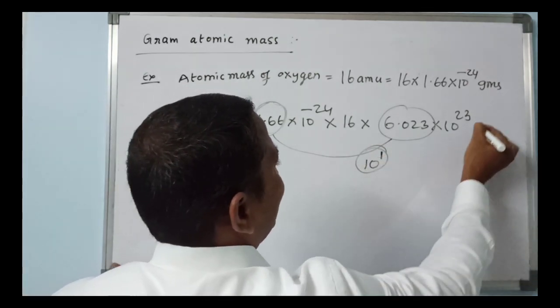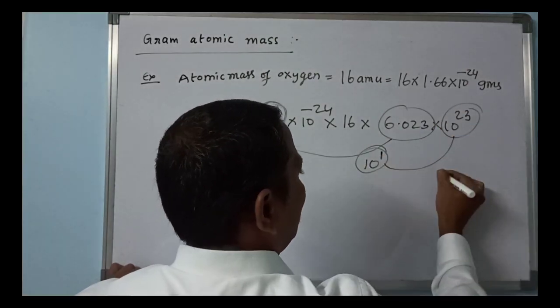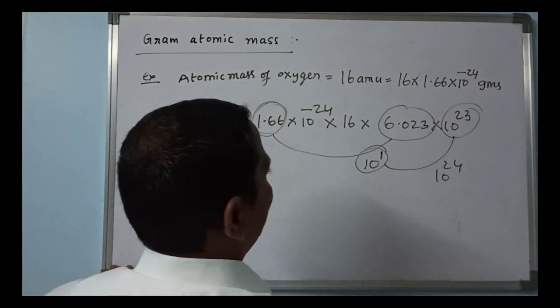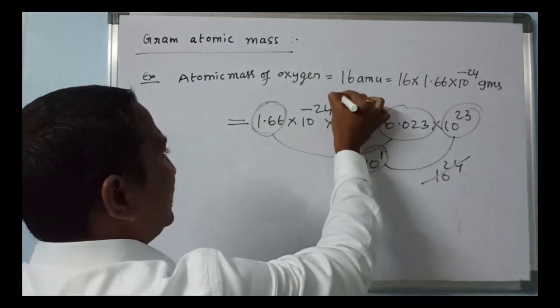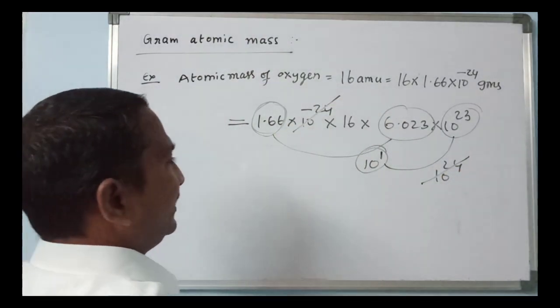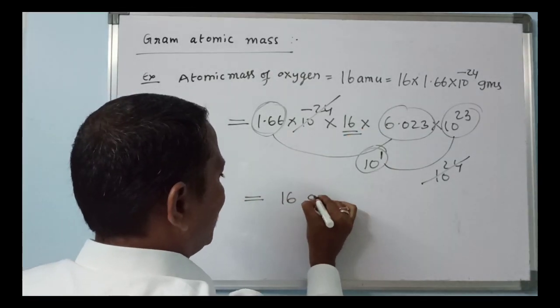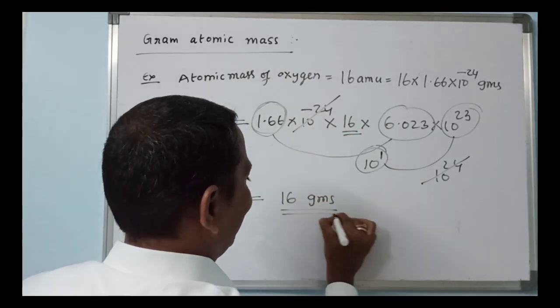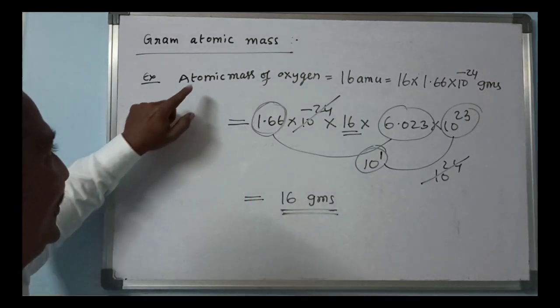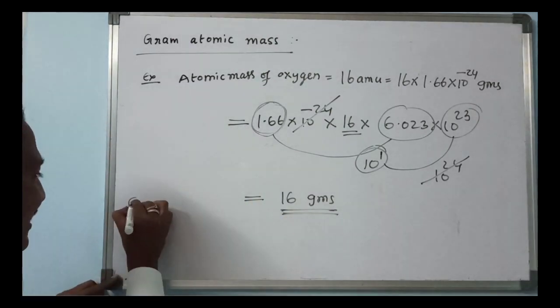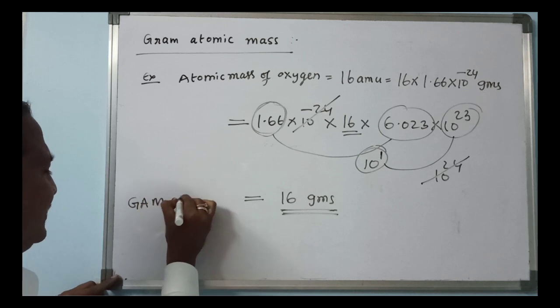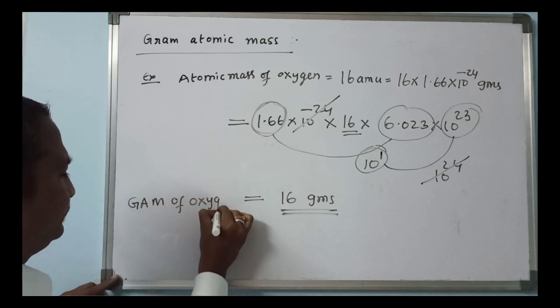This 10 power 1 into 10 power 23 is 10 power 24. This 10 power 24 and 10 power minus 24 cancel. So the value left is only 16. What are the units? Grams. So this is the gram atomic mass of oxygen.